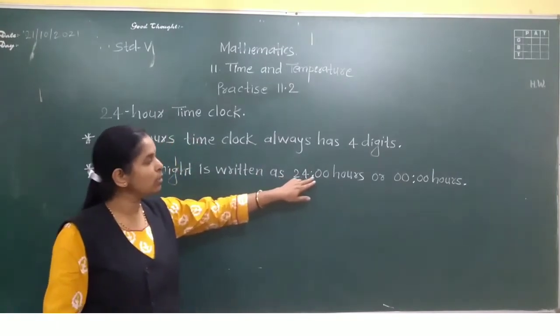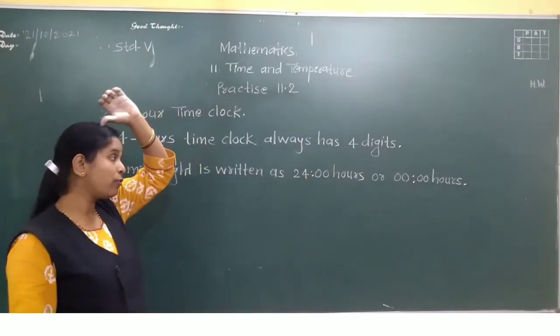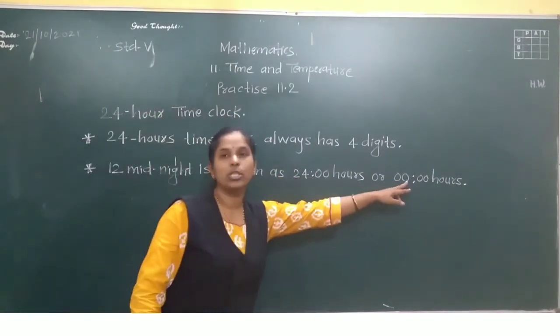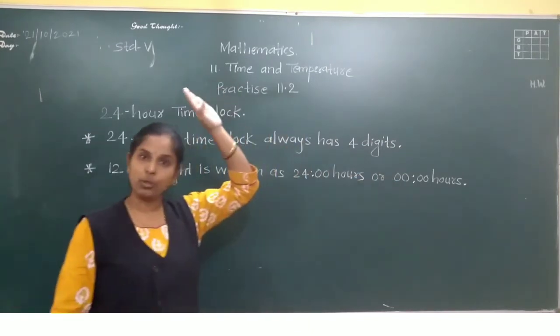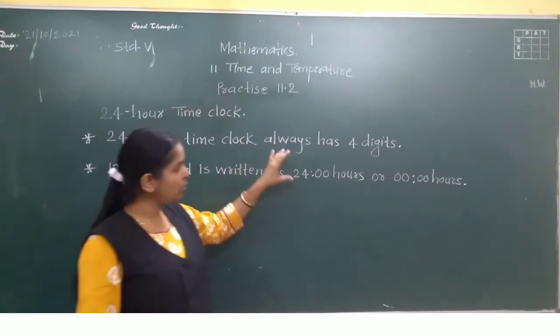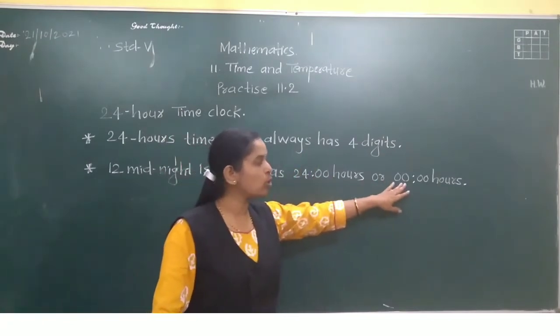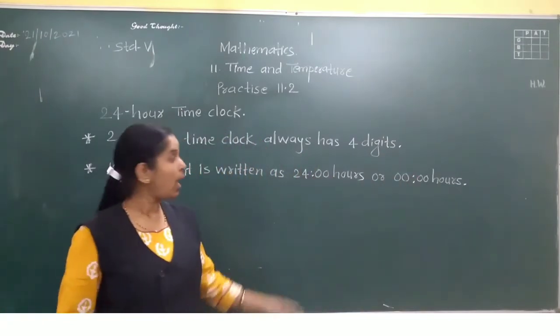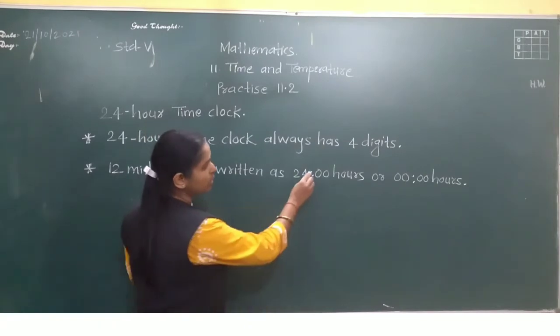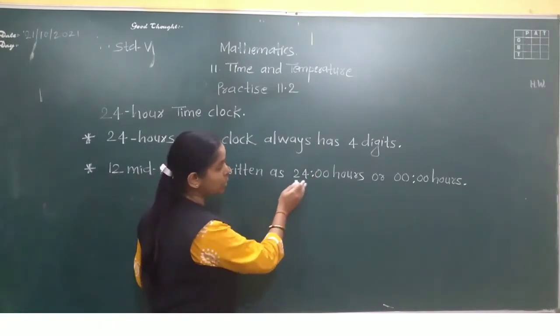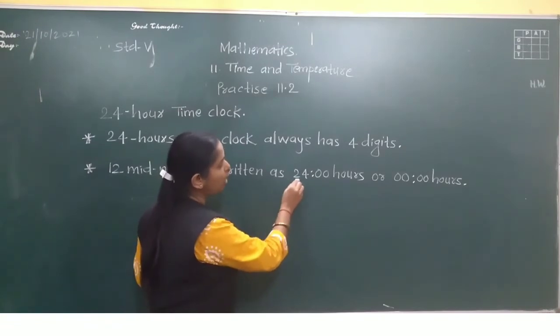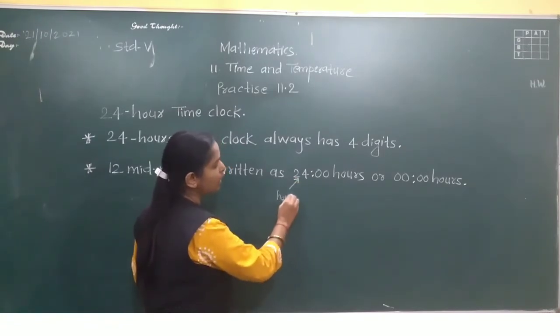By using 4 digits. 24 hours or 00, in this way we can mention midnight 12. Right? Either 2400 hours or 0000 hours. And now see, this is the colon, and to the left of the colon, whatever digits we write indicate hours.